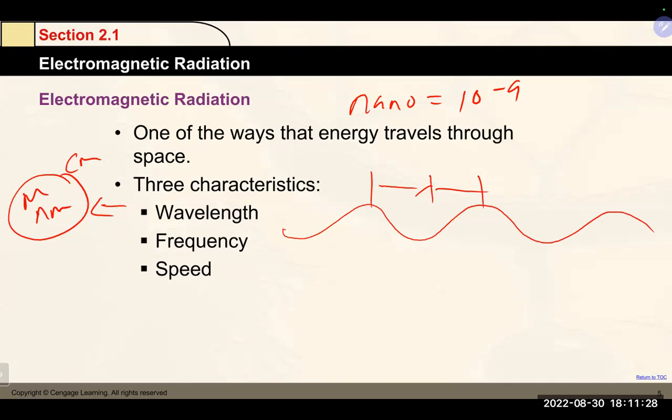Frequency is basically how many cycles a wave passes a particular point in a certain period of time. The symbol for frequency is the nu, not the V, but people always call it V, but it's really nu. It has units of reciprocal seconds, 1/seconds. A hertz is also a very common unit of frequency, and they are equal to each other.